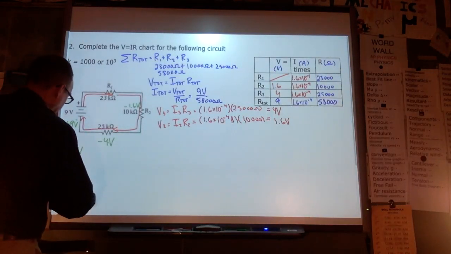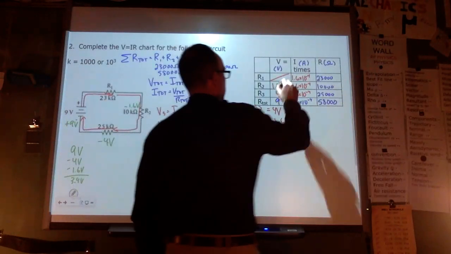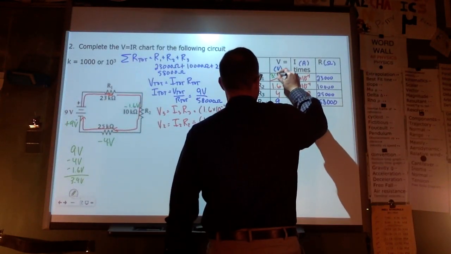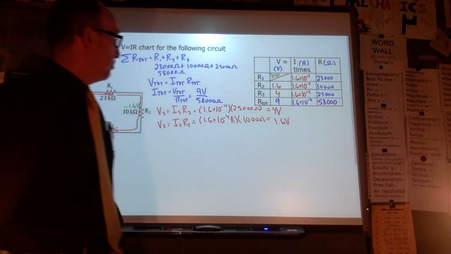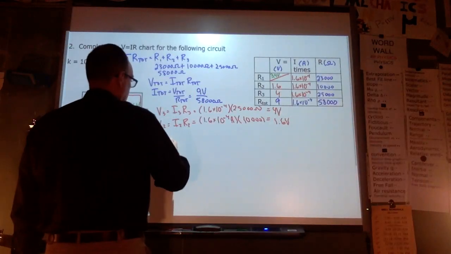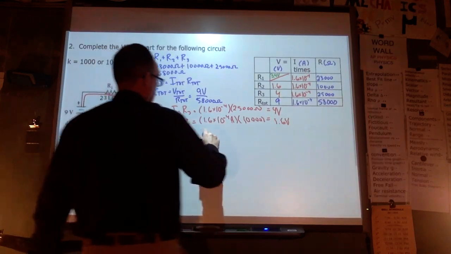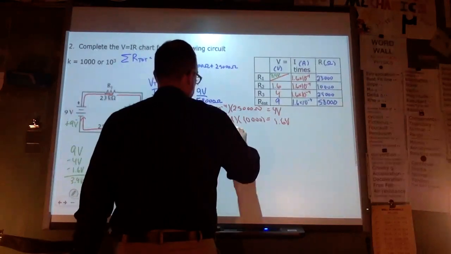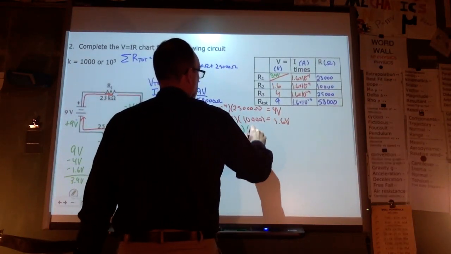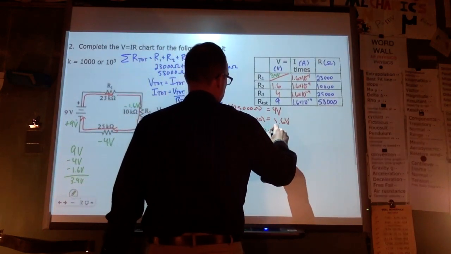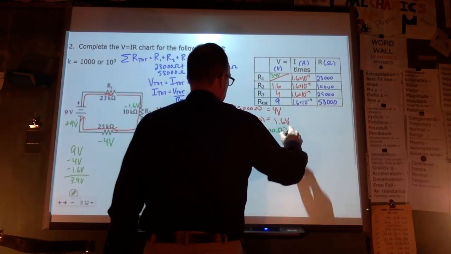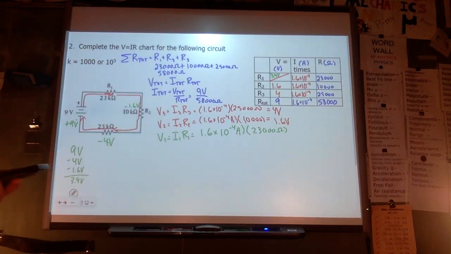And I know this isn't going to be exact because we had some rounding in here. But I can do it with the equation derived from Ohm's law as well. So I have the 1.6 times 10 to the negative fourth times 23,000.